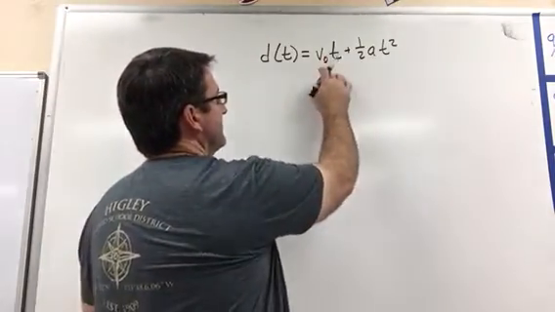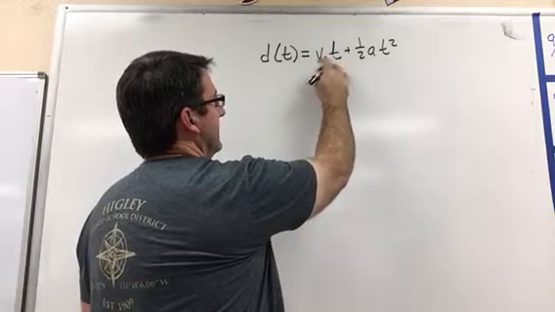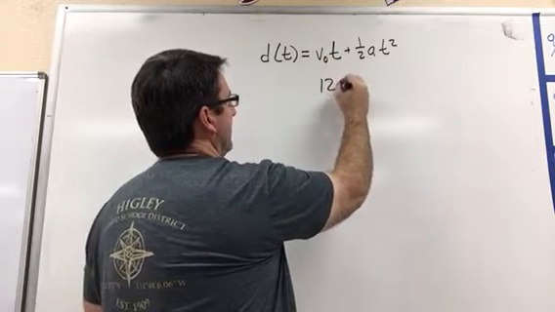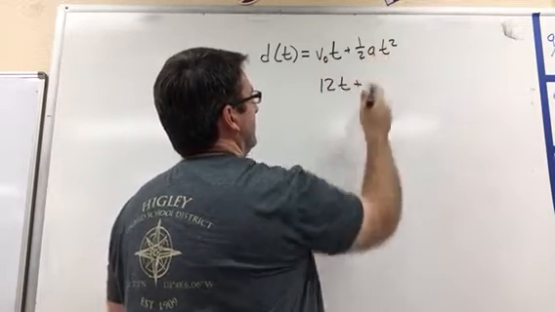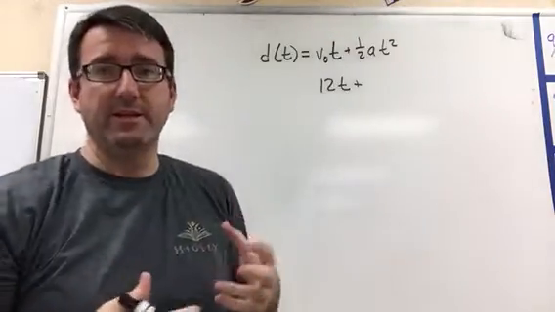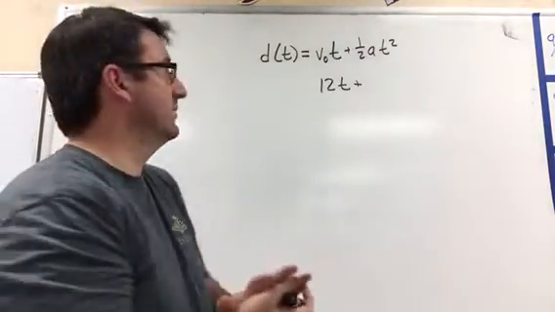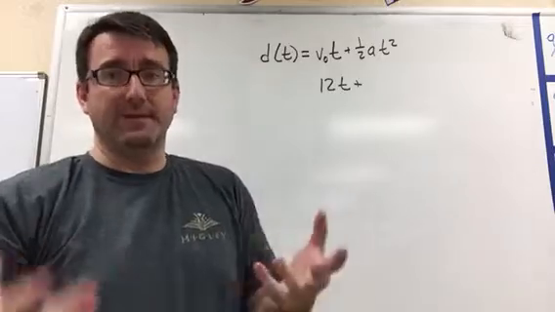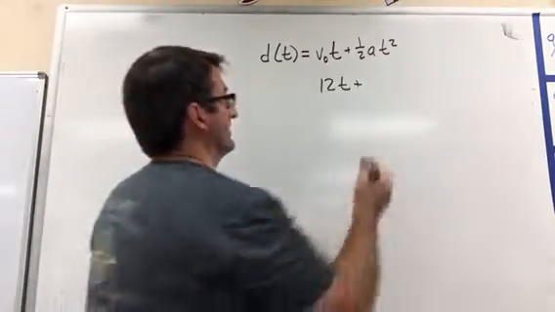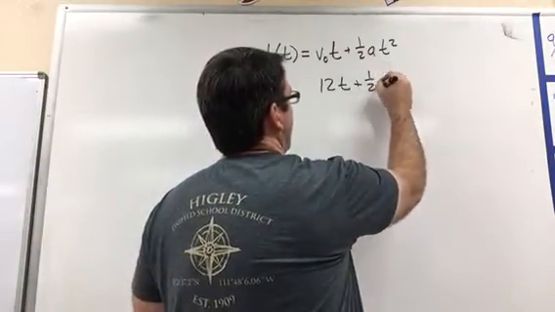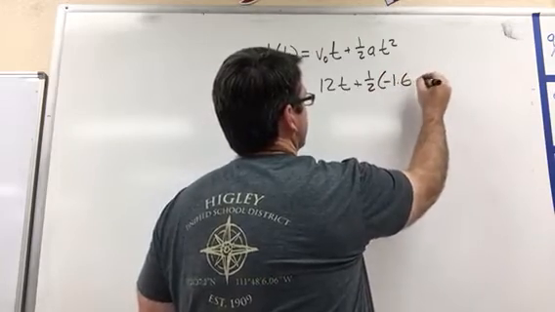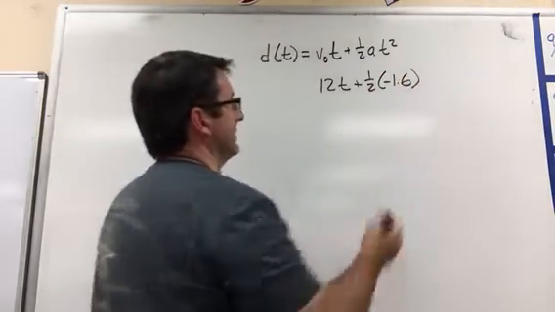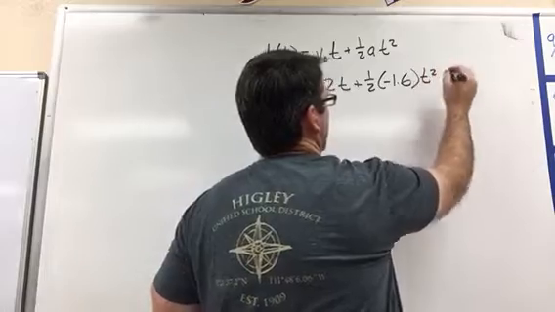All right, so let's plug in the initial value, which is 12, and the deceleration is 1.6 meters per second squared, which means that the acceleration is negative 1.6. So this is 1/2 times negative 1.6 meters per second squared times t squared.